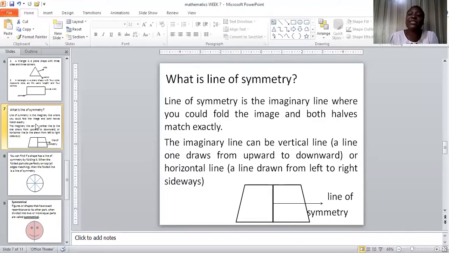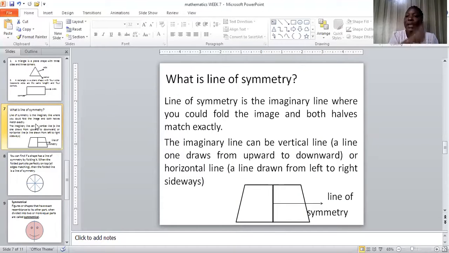The imaginary line can be a vertical line. What is a vertical line? A vertical line is a line one draws from upward to downward. Or a horizontal line, a line drawn from left to right.